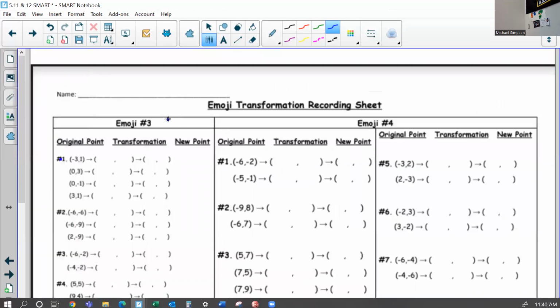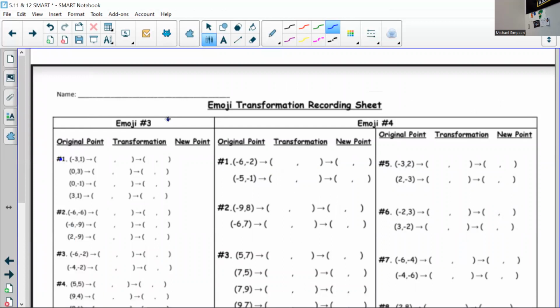Remember, we're multiplying by a factor of 2. Therefore, I'm going to multiply the x and y coordinates by 2. So I'm going to have 2 times -3, and then 2 times 1. That gives me -6 as my new x coordinate and 2 as my new y coordinate.